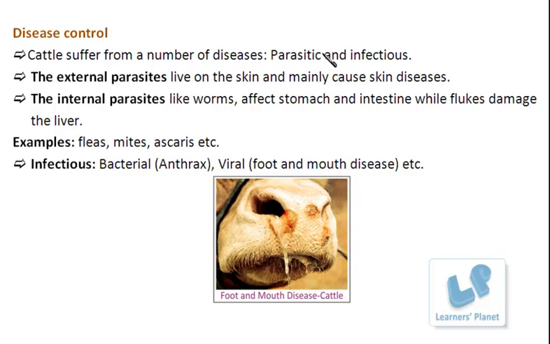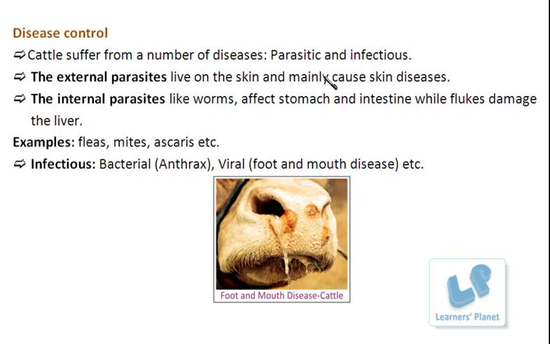Now these parasites can be multicellular or simple unicellular. Well, what are parasites? Parasites are those organisms which obtain their own food from other host animals. Right. So these parasites obtain their food from these cattle, and ultimately they cause diseases in them.